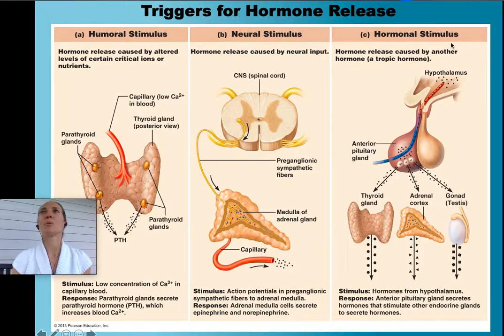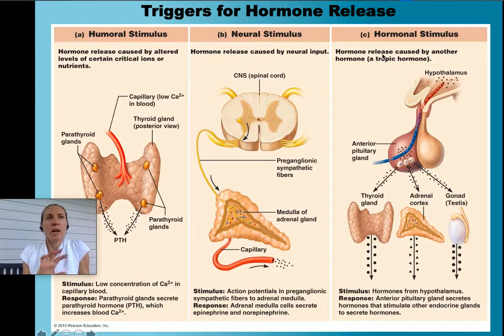This is arguably the most complex of the three because it really involves those chain events that I was just describing in looking at that example of testosterone. And so here it's the case that a hormone that's released causes another gland to release its hormone.